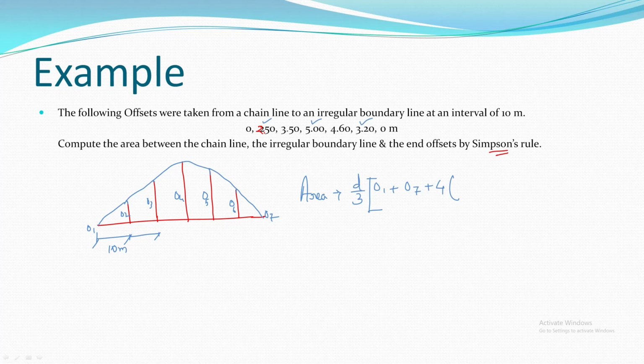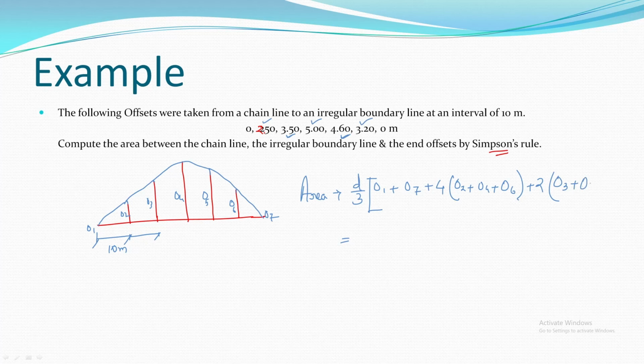This is O2, this is O4 and this is O6. So, we write O2 plus O4 plus O6, plus 2 into the odd ordinates, that means 3.5 and 4.60. This is O3 and this is O5.